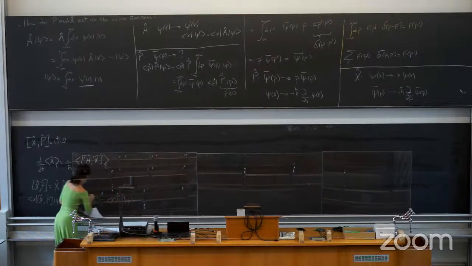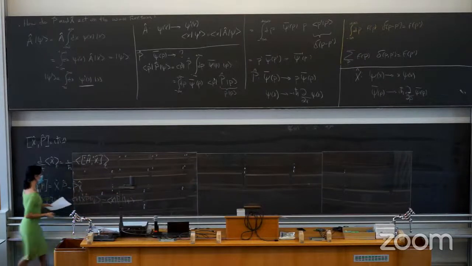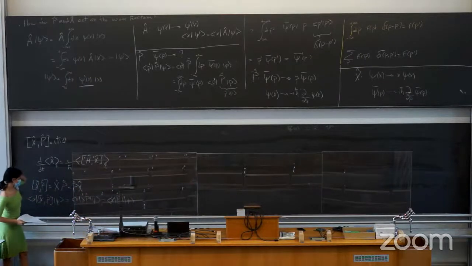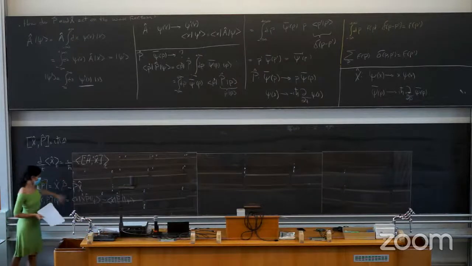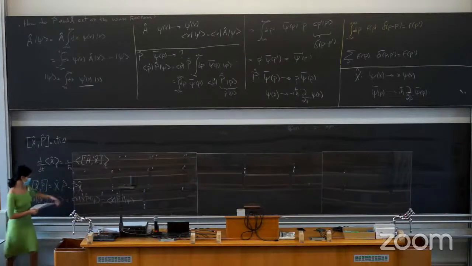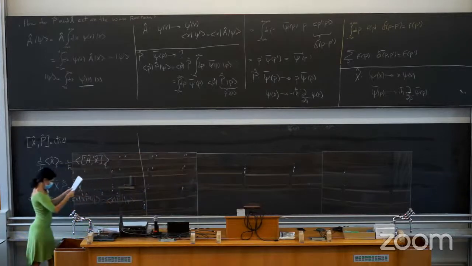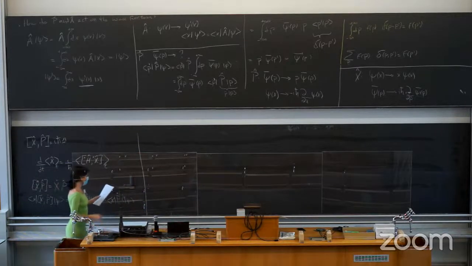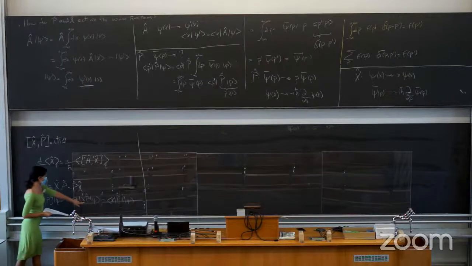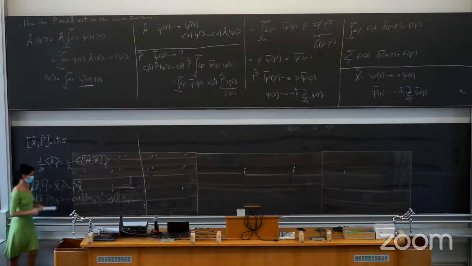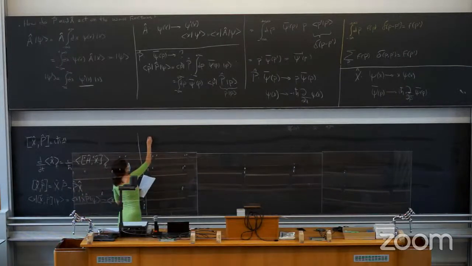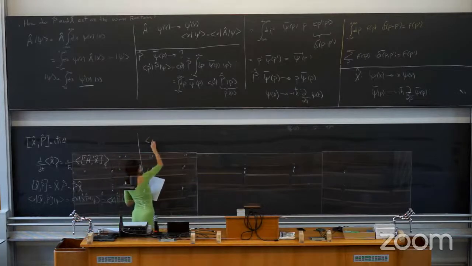The hats are useful because capital P looks a lot like lowercase p, and the same for x. So this helps us distinguish them. But you don't have to write them all the time if you don't want. Okay, so then we're going to compute these two terms. And as I said, this is not something we do a lot.